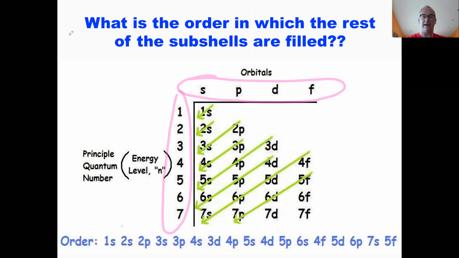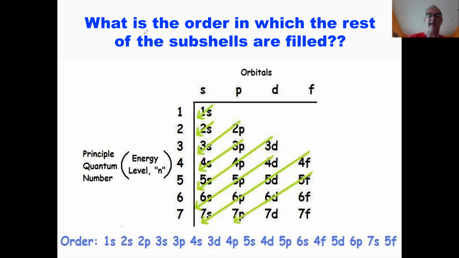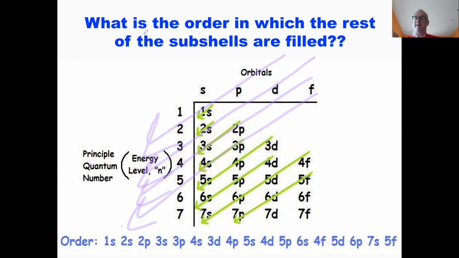So 1 has only S, 2 has S and P, 3 has S, P, and D, 4 has S, P, D, and F. And then when you want to remember the order that they get filled, what we do is just make diagonal arrows going down this way. 1, 2, 3, 4. And that gives you the order.